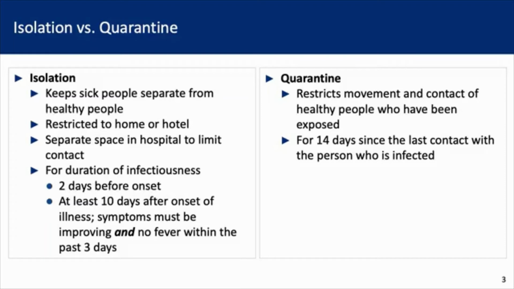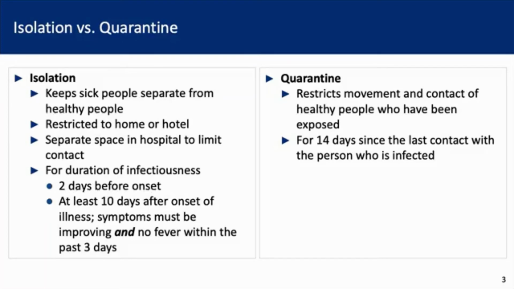If you're unable to do that within your home, then you may need to go somewhere else to isolate yourself from other people. And some places, people may go to a hotel or find another place where they can be separate from others. In hospitals, patients will have to have a separate space and have very limited contact with anyone else except healthcare workers who are wearing the appropriate masks, gloves, and gowns to keep them safe.